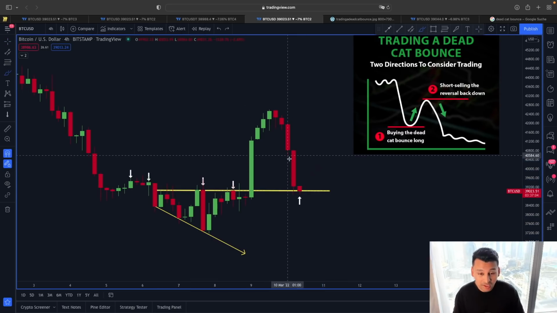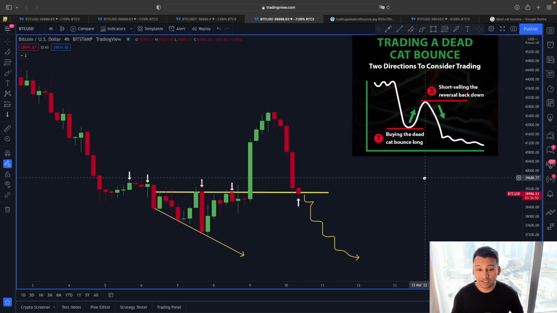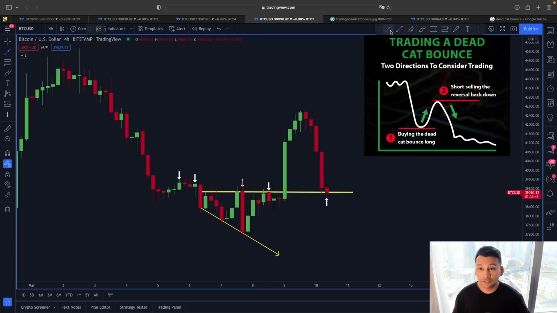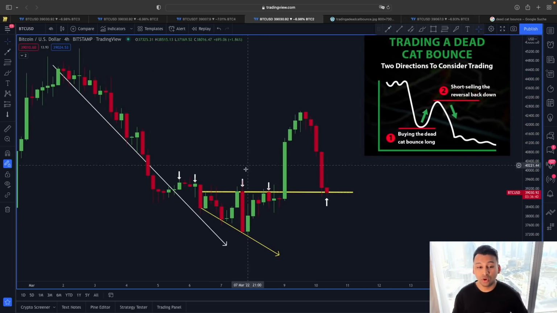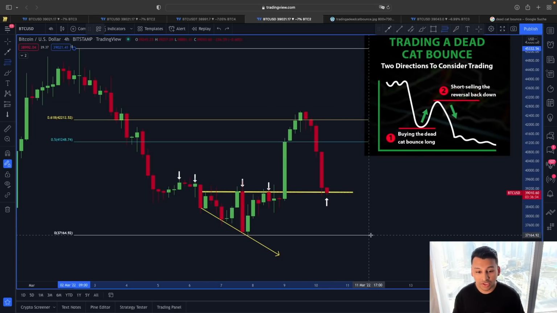But if the support here around 38,800, 38,700 is going to get broken, then this could be another trend continuation, just like as shown here in an example of a dead cat bounce. Because in a dead cat bounce, what usually happens is the price reacts to certain news, sees a relief rally, and this relief rally will never close above this 0.618 Fibonacci line.